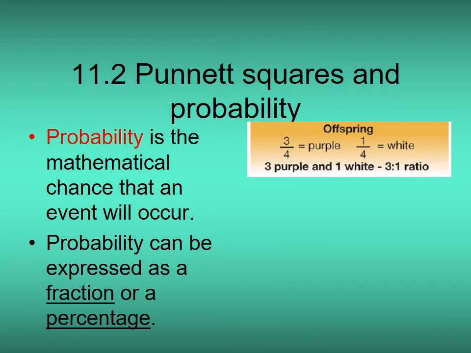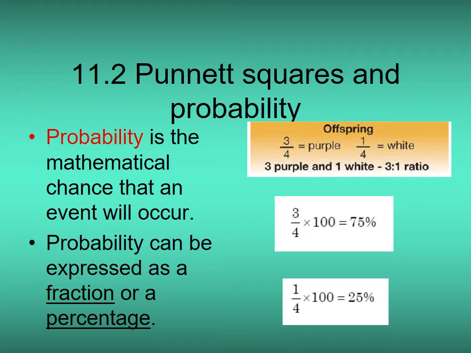So if we do Mendel's F1 self-pollination, making the F2 generation, and we end up with that 3 to 1 ratio, we have 3/4 purple and 1/4 white, which translates to being 75% purple and 25% white. So those are the probabilities of getting each of those phenotypes, 75% purple, 25% white.